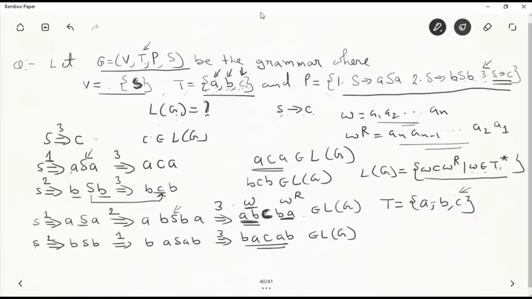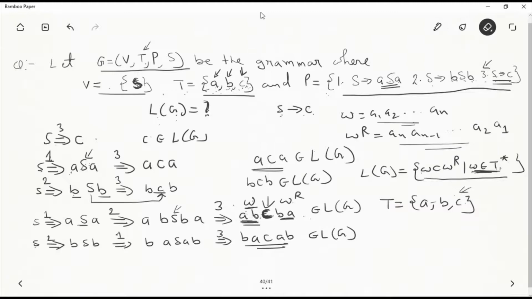You can see in W only A and B are appearing, and after C the string is going to be reversed, because the production is of the form ASA or BSB. So this is not correct.